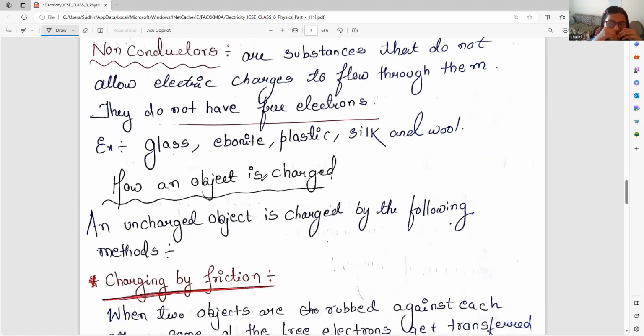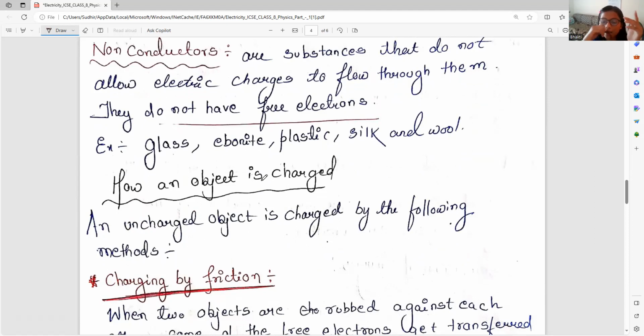Non-conductors are the substances that do not allow any electric charges to flow through them. They have static electricity, meaning electricity does not flow in them.